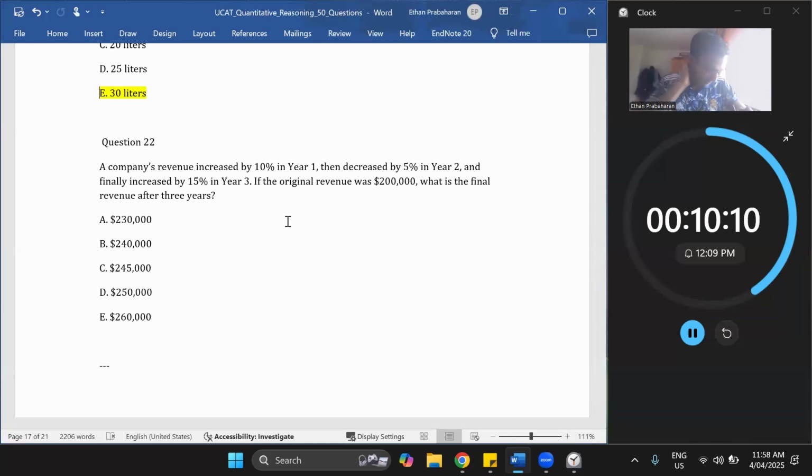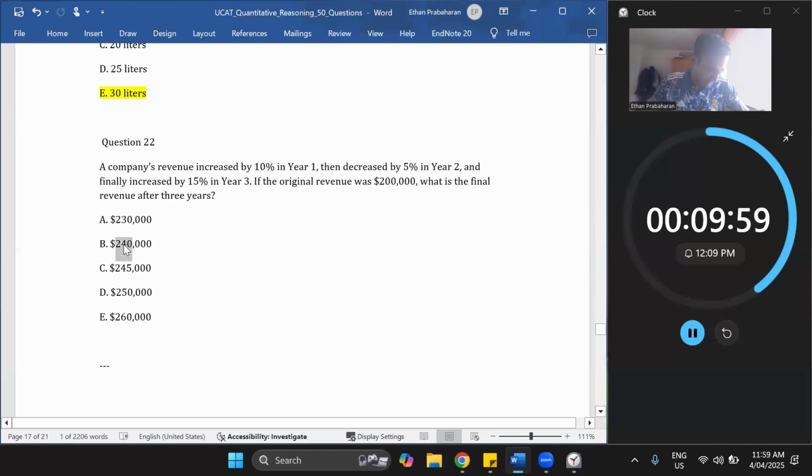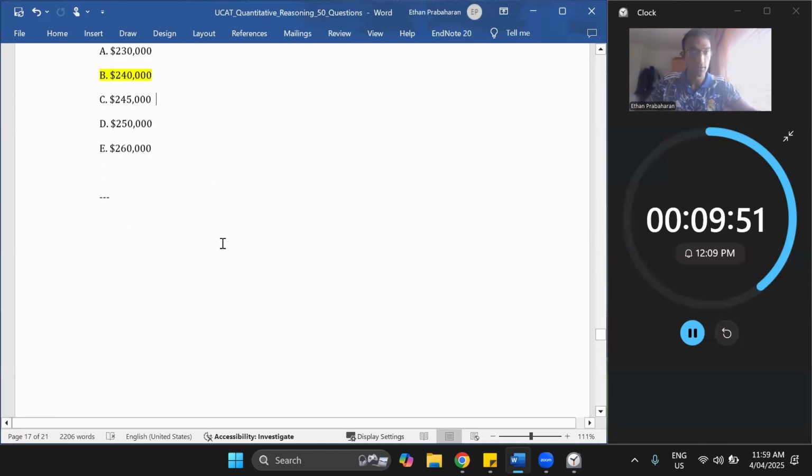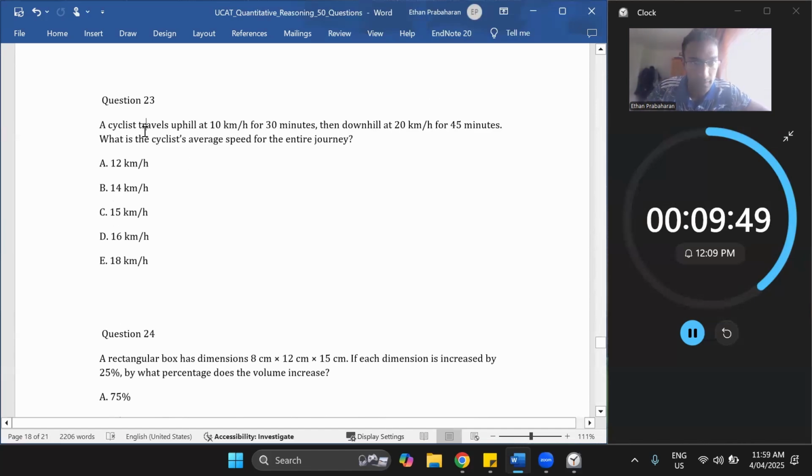So then 10% would be 20.9. 15% would be 30, just above 30. So then 209 plus 30 basically would be 240. I think it's closer to 240 than 245. It's in between, but I think it's closer.